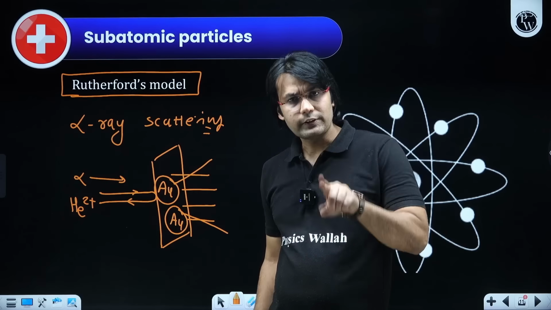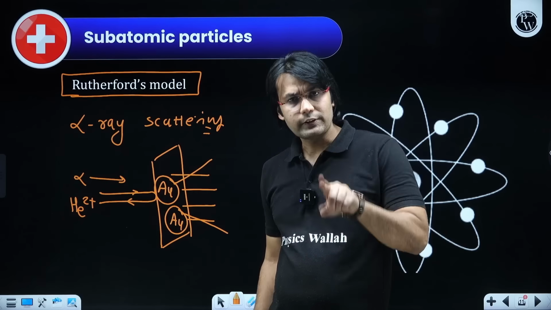So m into v into r is your angular momentum, and Bohr said that it will always be a multiple of h by 2 pi, that is, n times h by 2 pi. h by 2 pi is a constant and n is your orbit number.